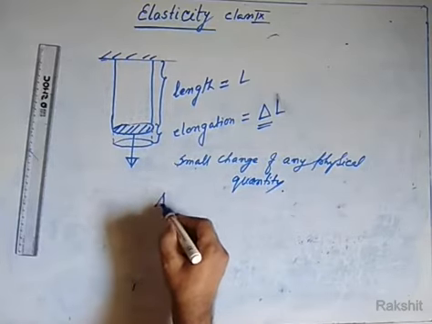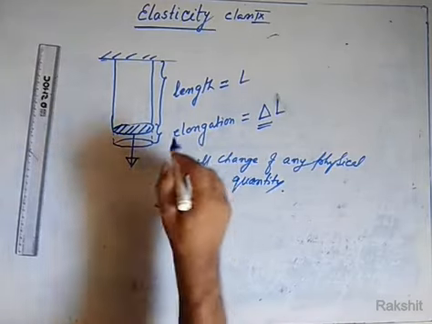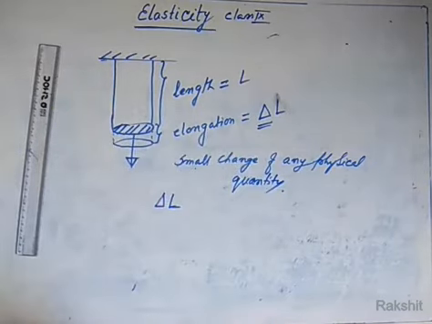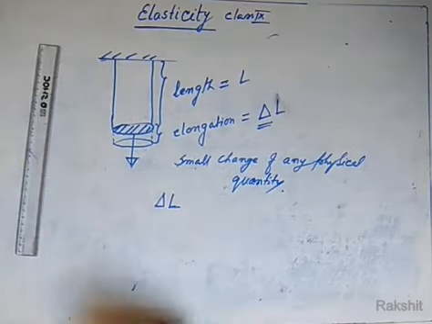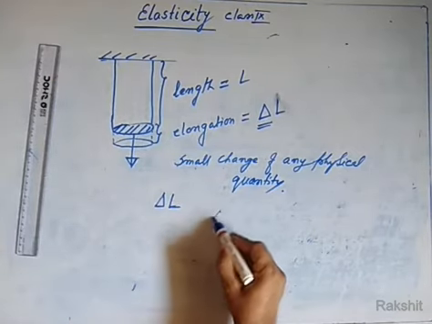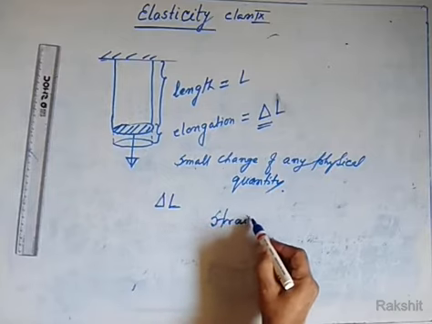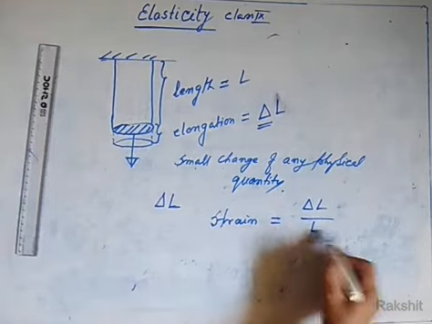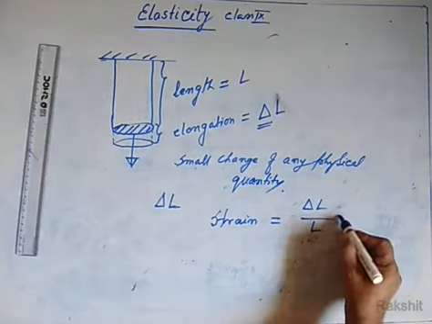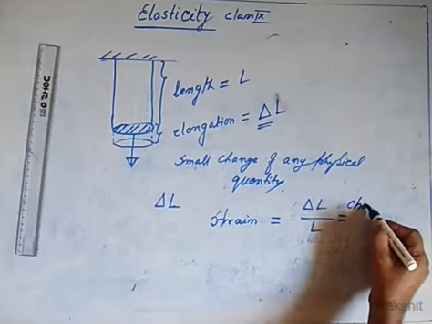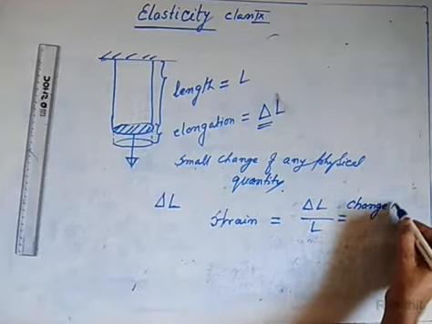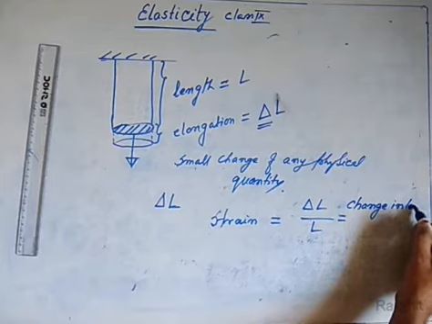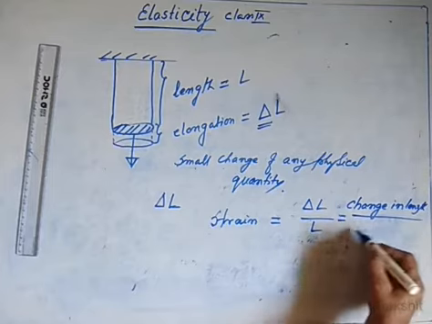So delta L means change of length. Now, in this particular case, strain is defined as delta L by L. That means change in length by original length.